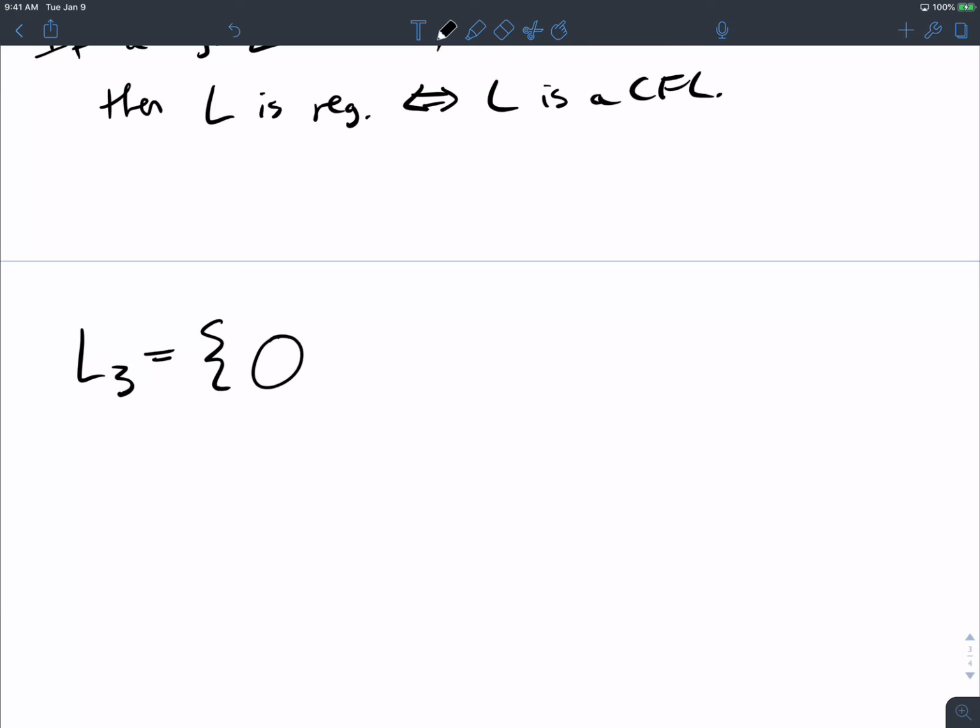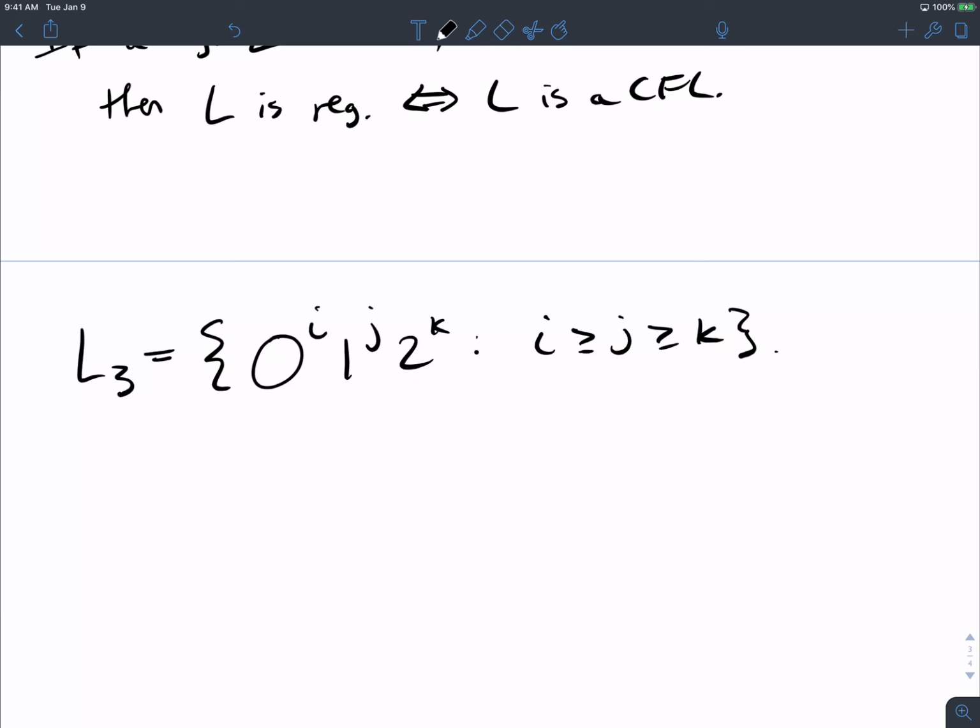Actually no, let's make it a little bit more interesting than this, sorry. Let's make it 0 to the i, 1 to the j, 2 to the k, now I remember this. Then here we have that i is at least as big as j, which is at least as big as k.